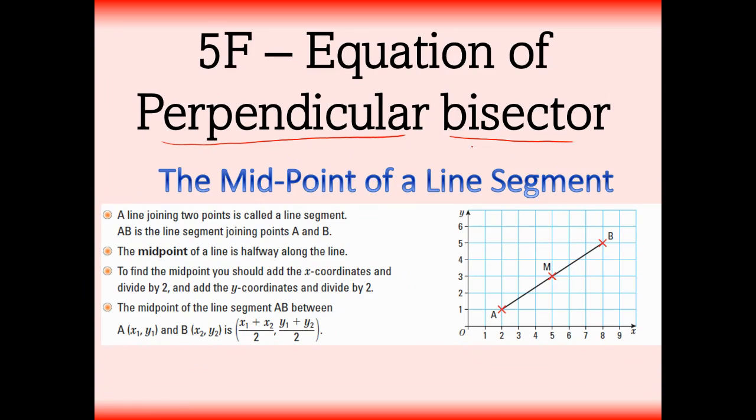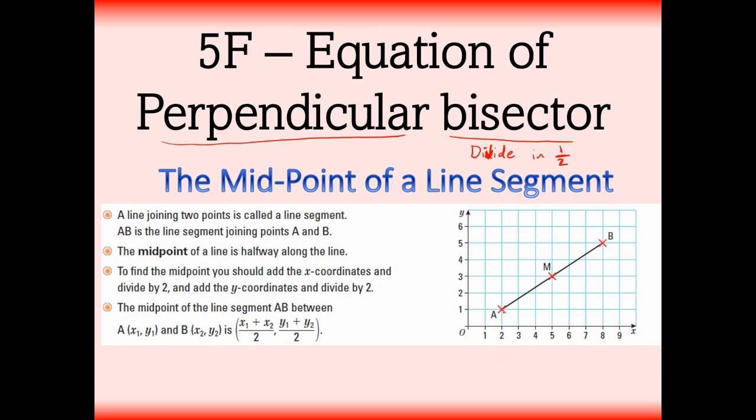Bisect means divide into two, divide in half, right? If I can spell it, divide in half. So we need to know what is the midpoint of the line segment there.